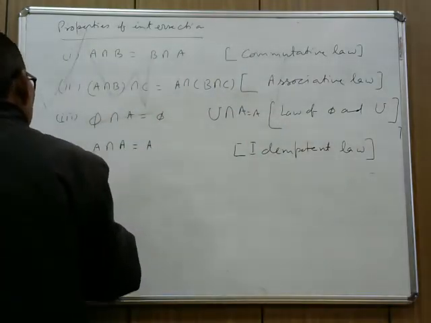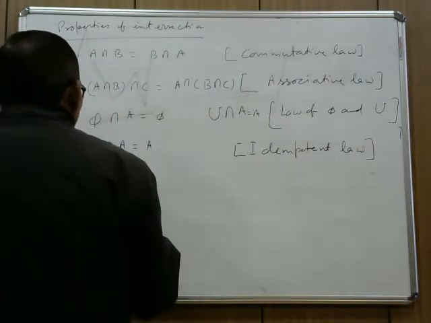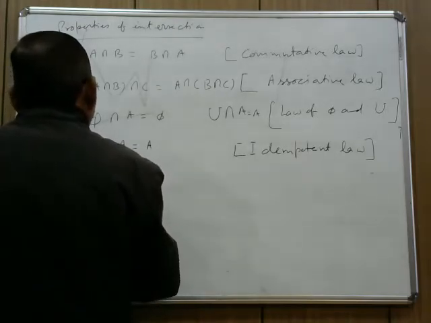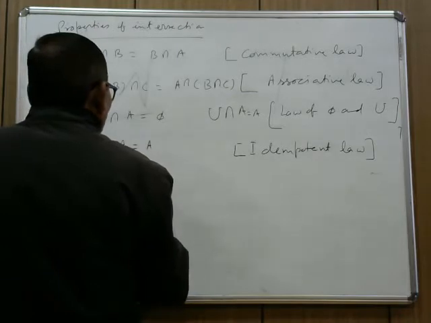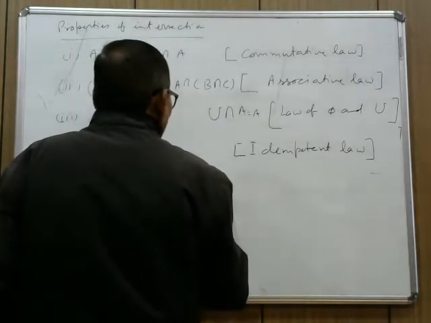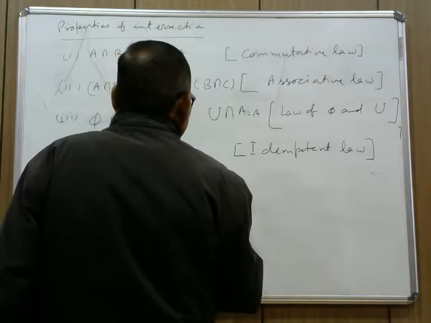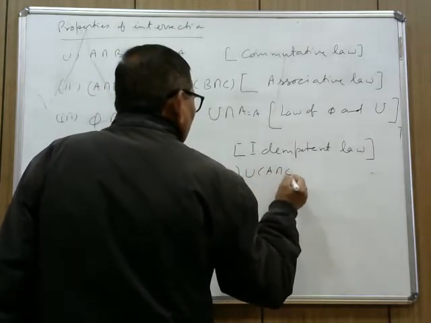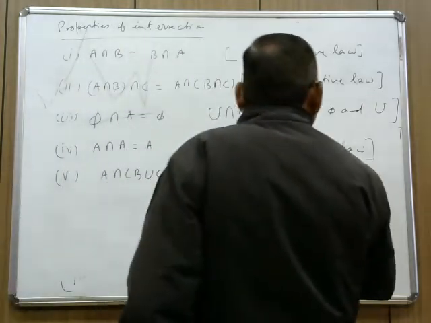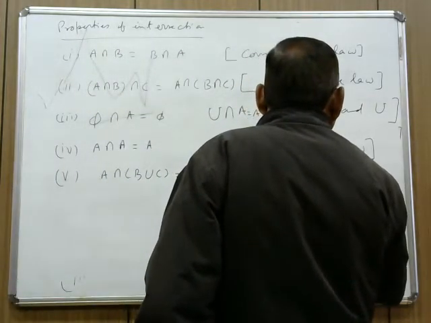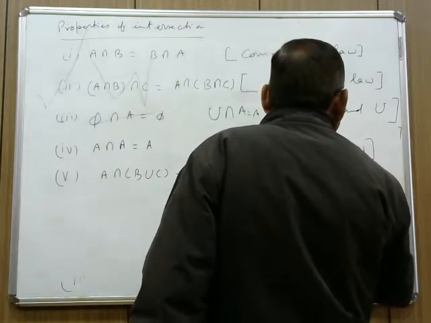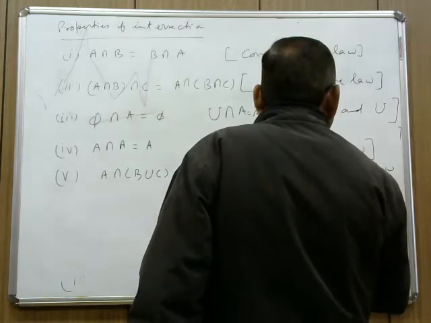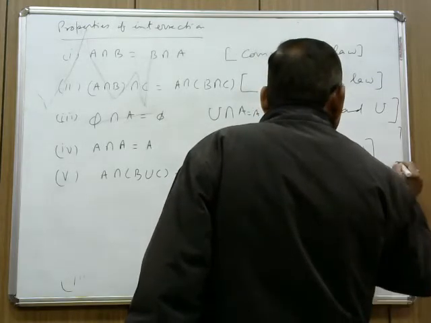Fifth, distributive law of intersection over union, and union over intersection. So, A intersection B union C is equal to A intersection B union A intersection C. This is distributive law of intersection over union.